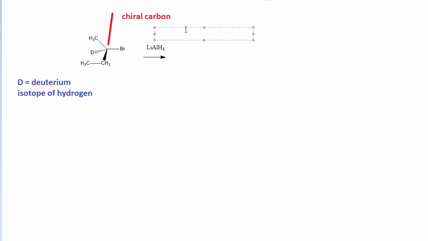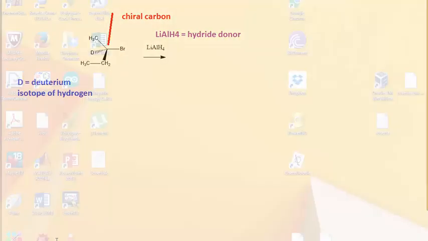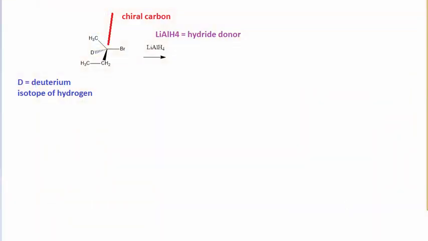I'm just using it as an illustrative example. The only thing you need to know is that lithium aluminum hydride is a hydride donor. So if we're going to draw the Sn2 mechanism, we're pretty much going to pretend that we have a hydride. As this hydride attacks here and does the Sn2 reaction, remember here's our leaving group, so here's the antibonding orbital, it's going to attack there.